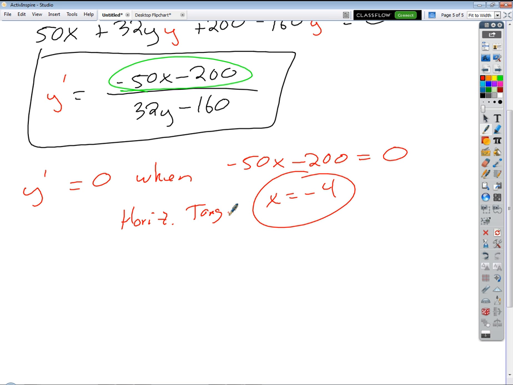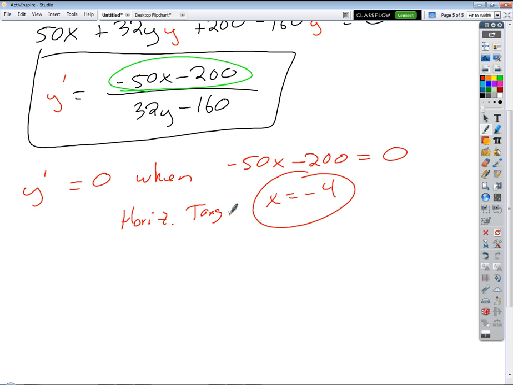When the bottom, right, very good. So for a fraction, when is a fraction undefined? When the bottom is 0 and the top is not, right?